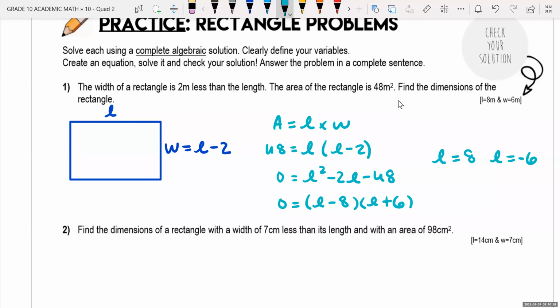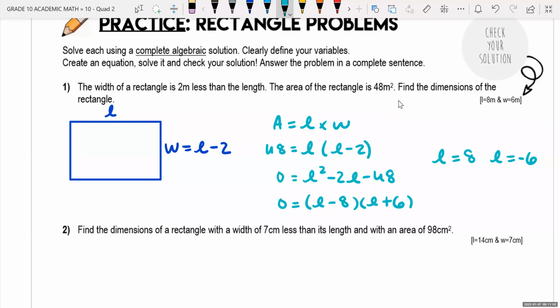But of course, you can't have a negative answer. So obviously the length can't be -6. So the length would only be 8. And then when you substitute that back into the equation, you would find that the width is 6 meters.